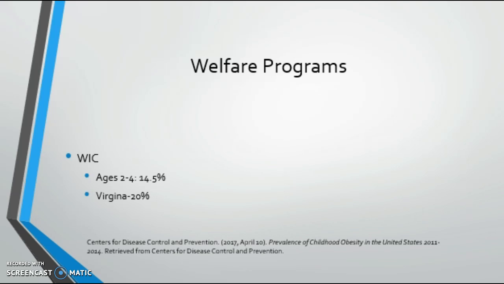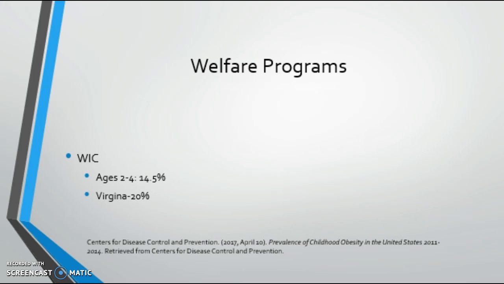And there also has been some question on the relation to those who are enrolled in welfare programs, as to the prevalence of obesity in children whose parents receive grocery assistance from such programs. First is the Special Supplemental Nutrition Program for Women, Infants, and Children, or WIC. These families are provided funds to help them pay for their groceries as their incomes create hardships to do so.